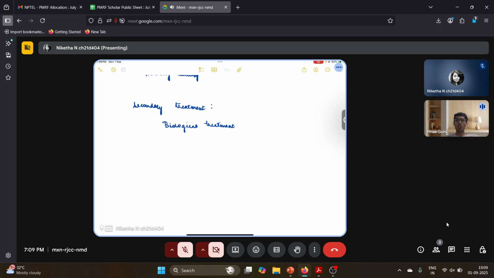We use the activated sludge process, which is also a biological process. We'll see about biological processes in detail a little later. There are different types of biological processes, and we'll see each of them.